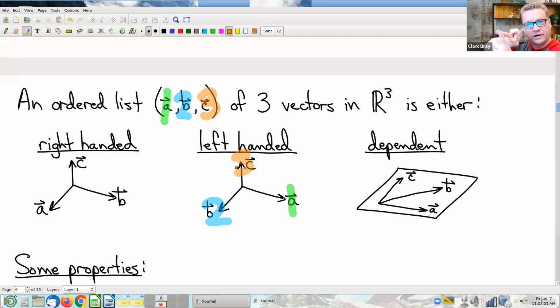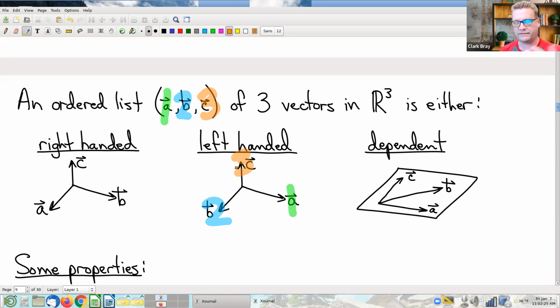Again, no hand yoga allowed, right? But you're going to have to turn your hand over. So now I've got my index finger pointing in the A direction, and my middle finger pointing in the B direction. And now notice that my thumb points down. So does that third vector point on the same side as my thumb? No, it does not.